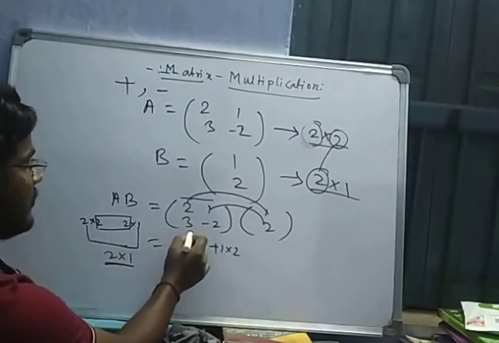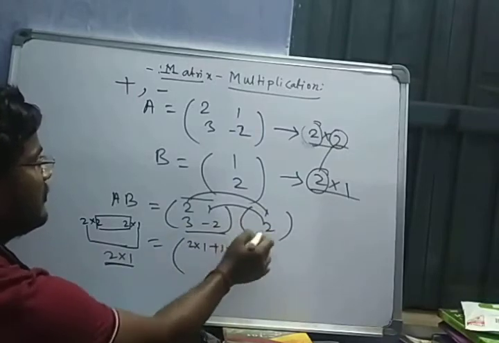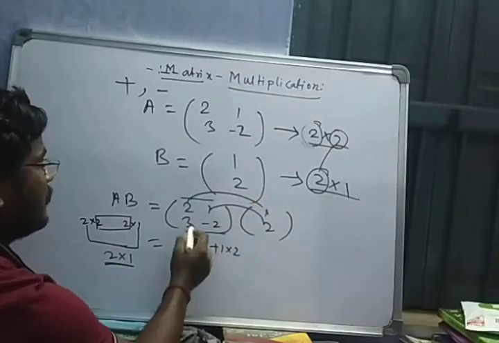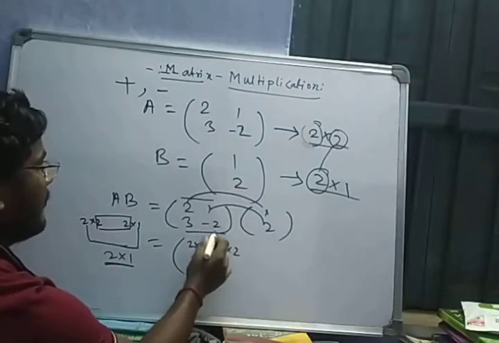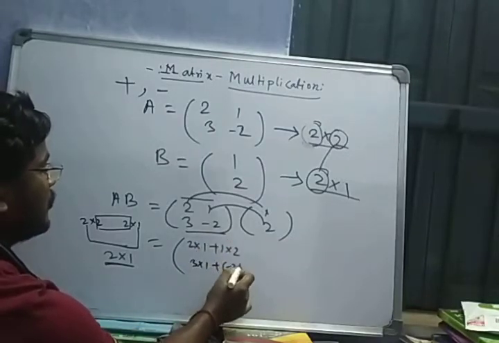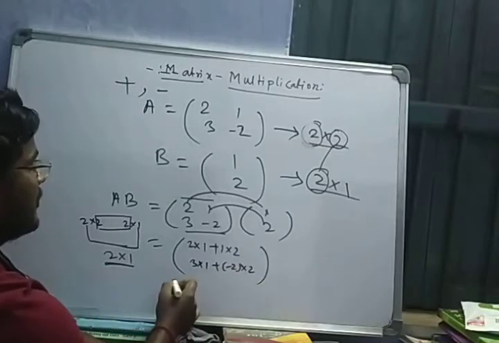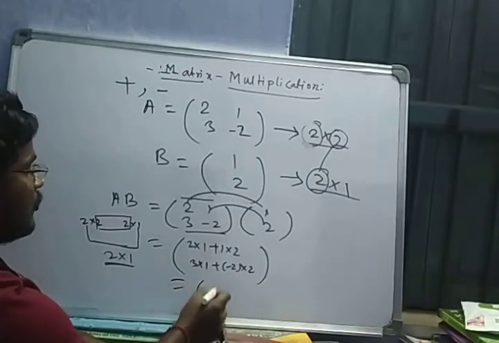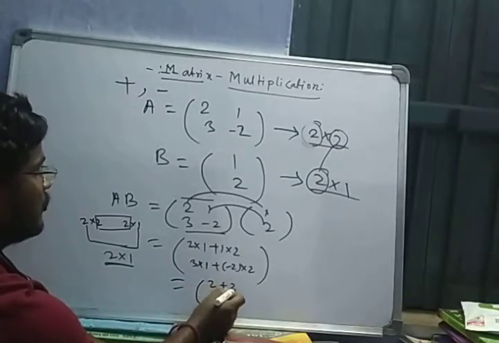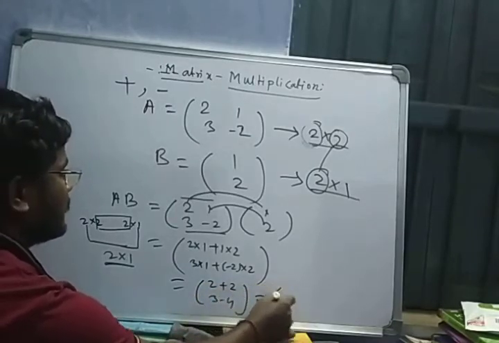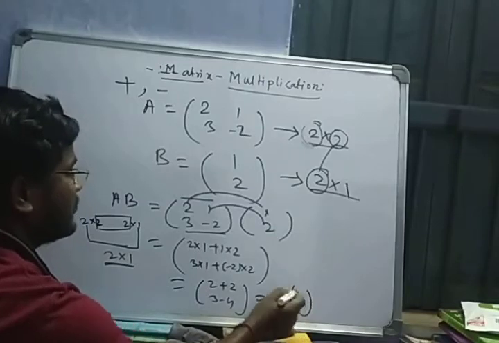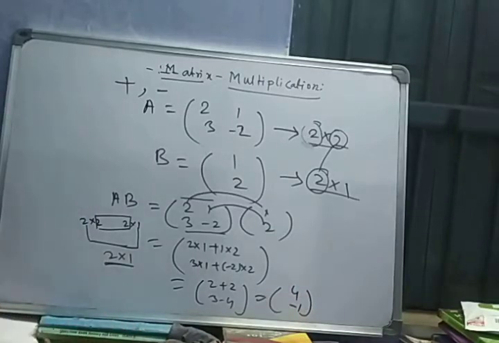Down, this row will multiply with this column, same as 3 into 1 plus minus 2 into 2. Complete. 2 plus 2 is 4, 3 minus 4 is minus 1. This is the answer of the matrix multiplication.